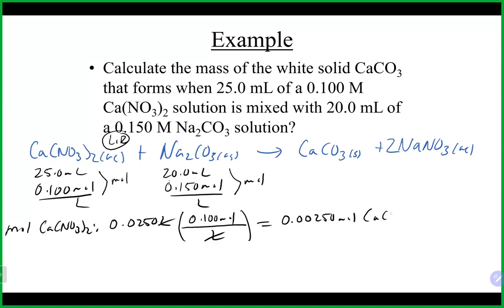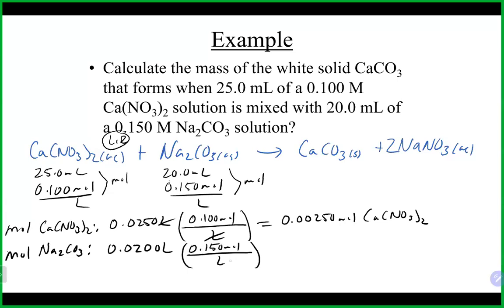of calcium nitrate. We are again going to do basically the same calculation for our other reactant, which is sodium carbonate. Also converting into liters, so 0.020 liters times the molarity, 0.15 moles per liter here.